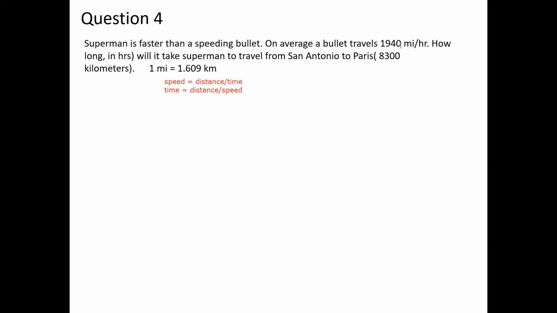So you see here we have 1940 miles per hour, and the distance between the 2 cities is in kilometers. So either we need to convert kilometers to miles, or we need to convert miles per hour to kilometers per hour. Either way is fine, doesn't matter.